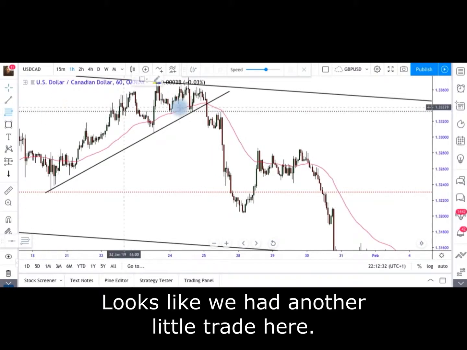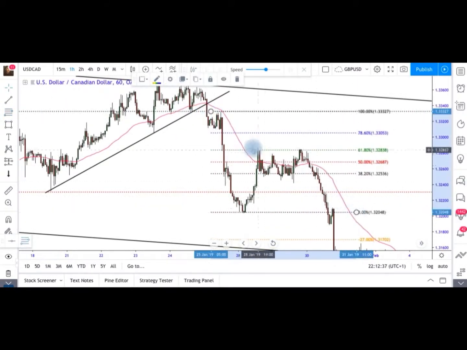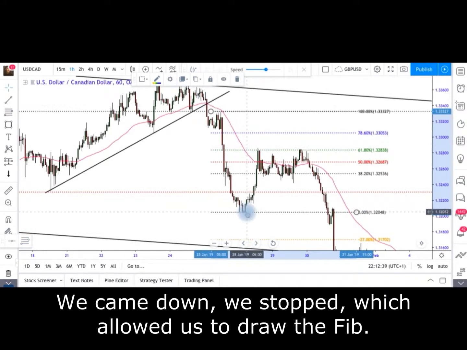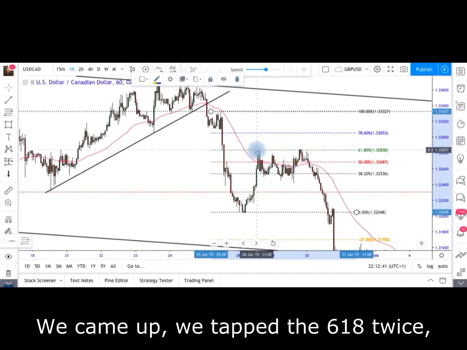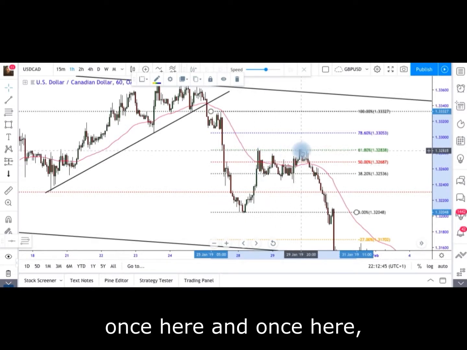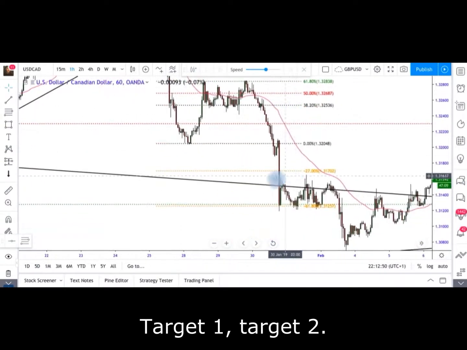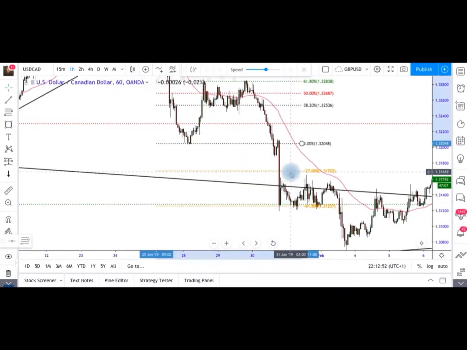Looks like we had another little trade here. We came down, we stopped, which allowed us to draw the fib. We came up, we tapped the 61.8 twice, once here and once here. So that could have been another trade, to target 1, target 2.